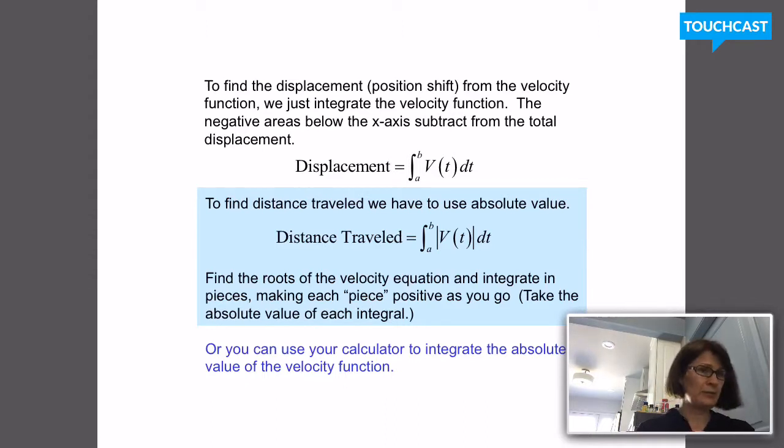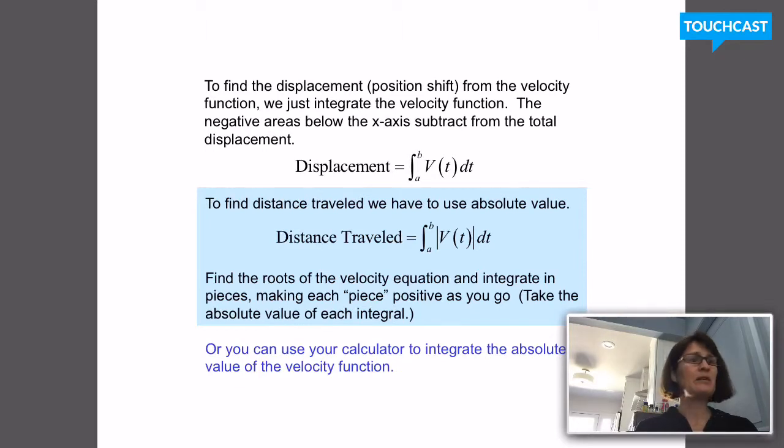Or, if, for example, you don't have a calculator, you can find the intervals on which velocity is positive, integrate those, the areas will be positive, and you can add them up, and then find the places where the velocity is negative, integrate those, and take their absolute values.